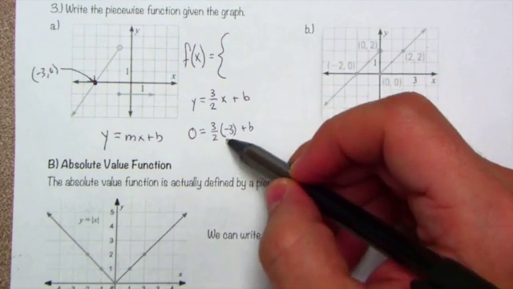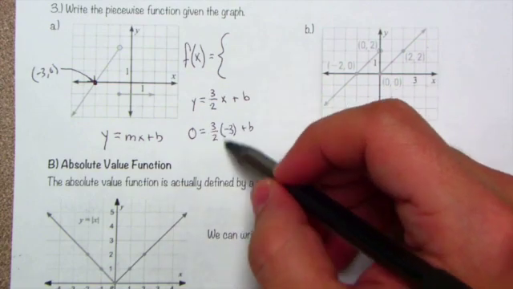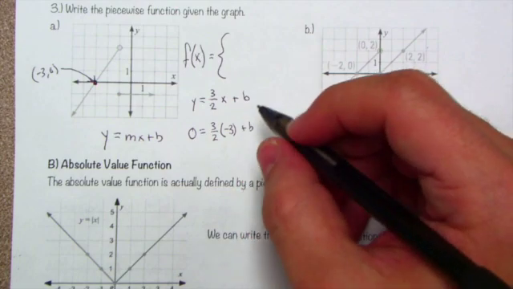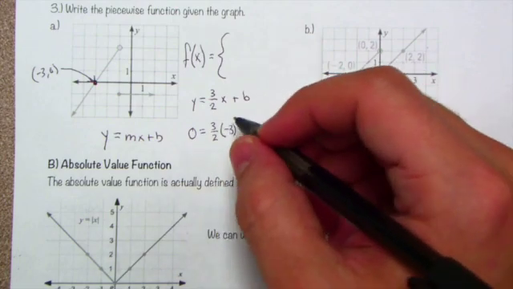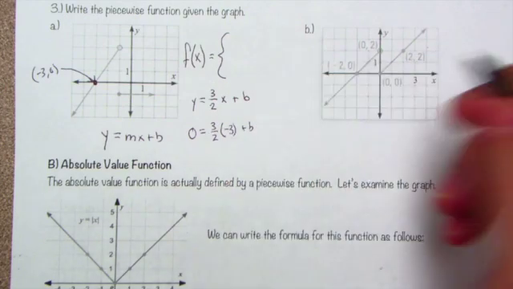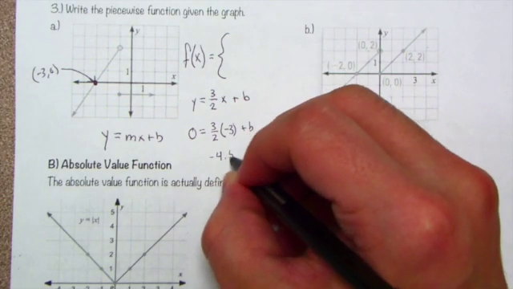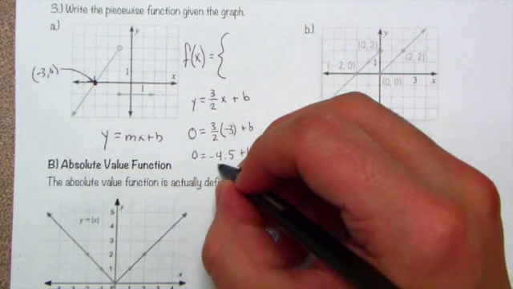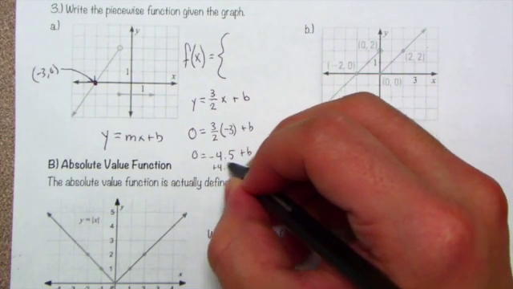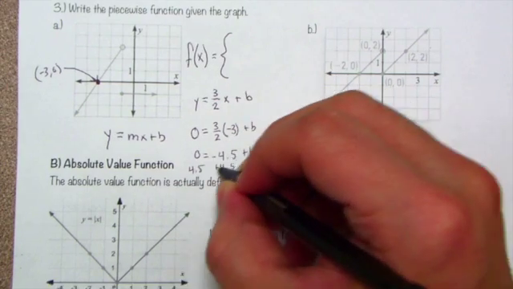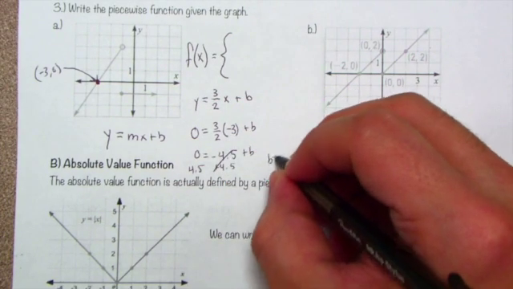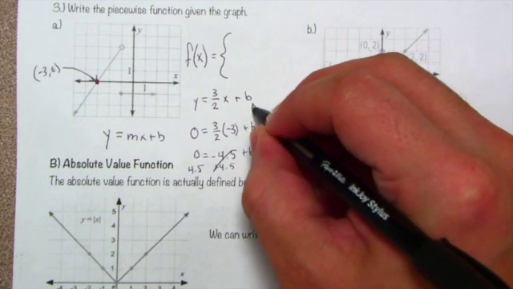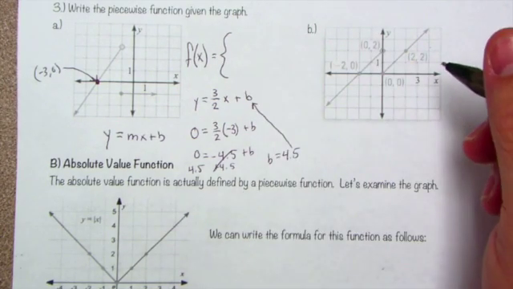Negative 3 times 3 halves is negative 4.5. If you want to multiply the fractions, it's negative 9 over 2, which is negative 4.5, plus b equals 0. And then I just add the 4.5 over, and so I get b equals 4.5. So this will be my y-intercept.